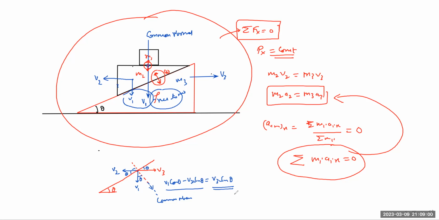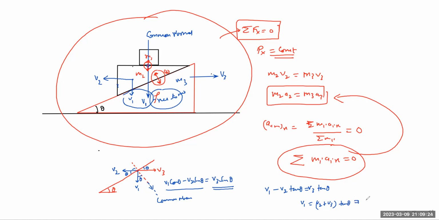Do you realize this? Okay. And therefore, it becomes V1 minus V2 tan theta is V3 tan theta. So V1 is V2 plus V3 into tan theta.